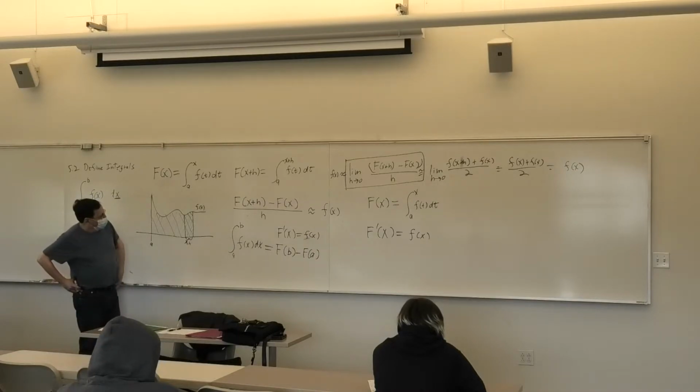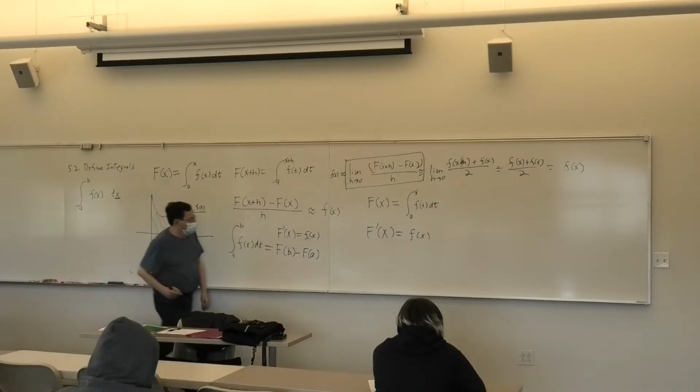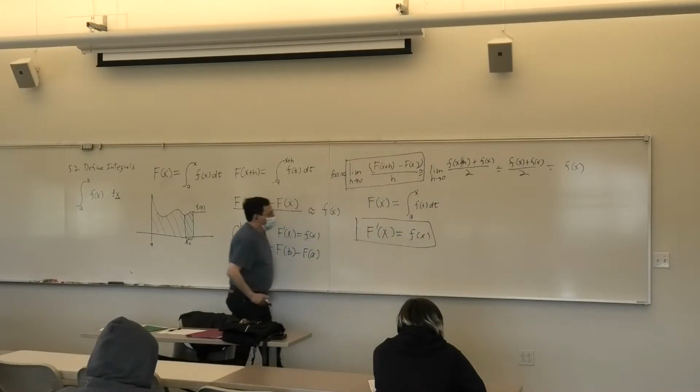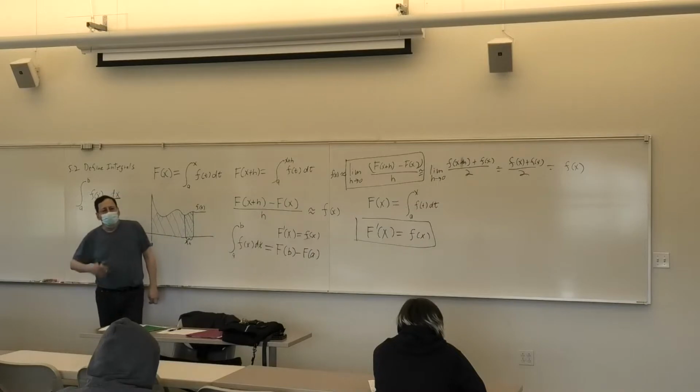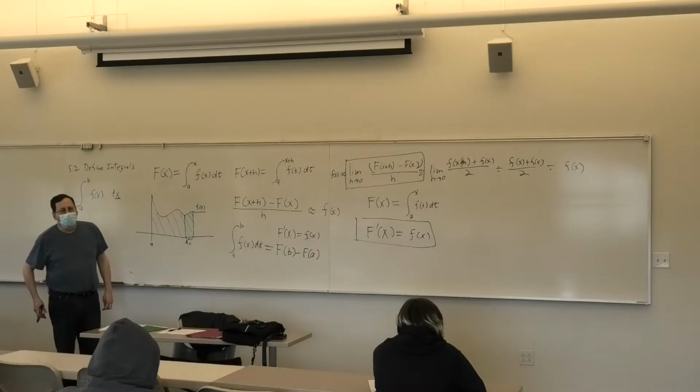What else? We haven't really addressed the issue of negative area. We're not going to do that formally. We're just going to look at the consequence of that. So this is it. This is like big news. We don't have to learn some entirely new branch of mathematics to find areas.